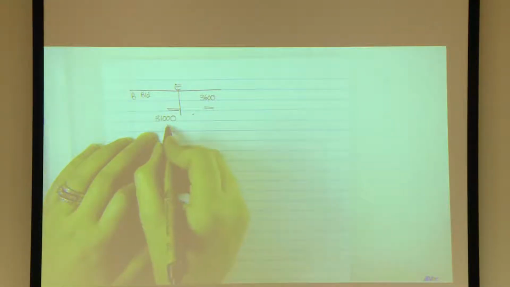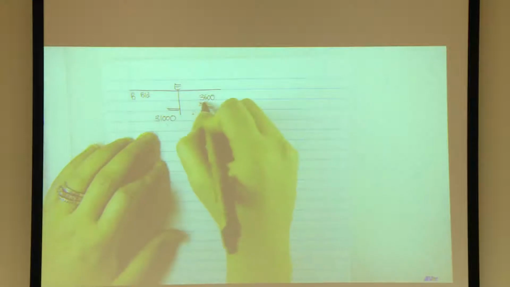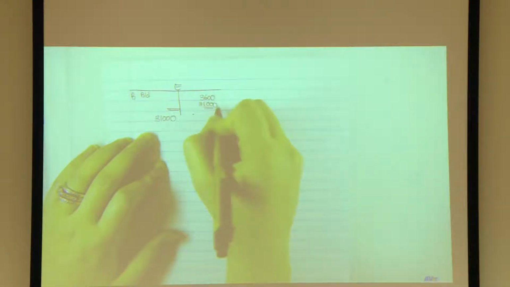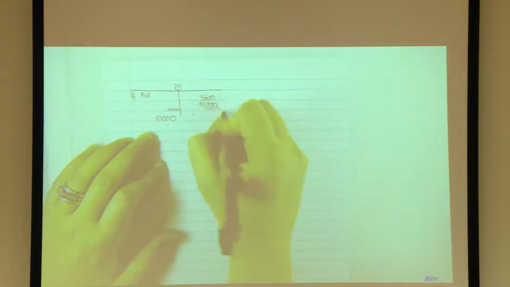Balance brought down means balance carried down. So what do I need to do? I need to add those two together. What was the cost in the beginning?